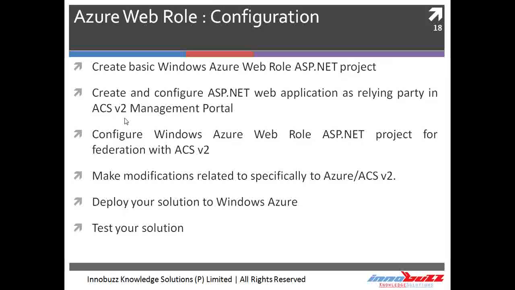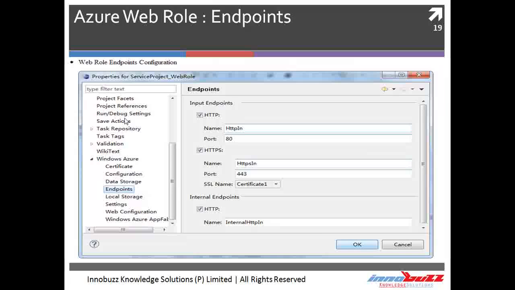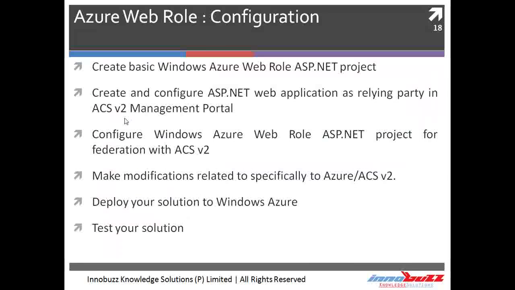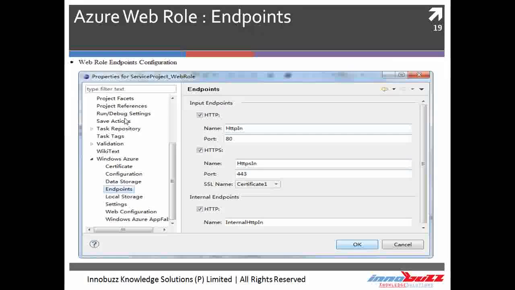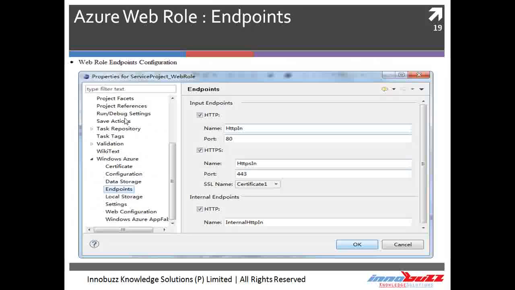We go further and see what is there in the web role. We have endpoints. The web role endpoint configuration is what we were discussing over here. Now I attached a screenshot from a service project underscore web role, a small test project which I created, and here you can see what you need to specify in the endpoints.